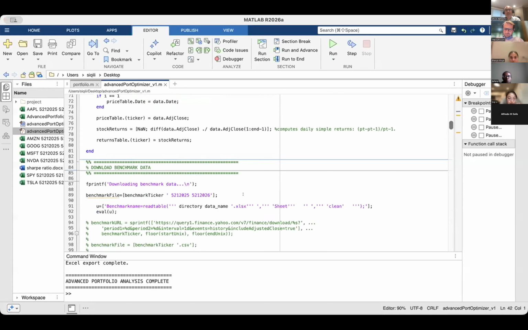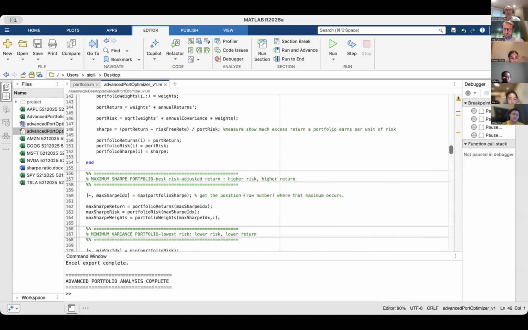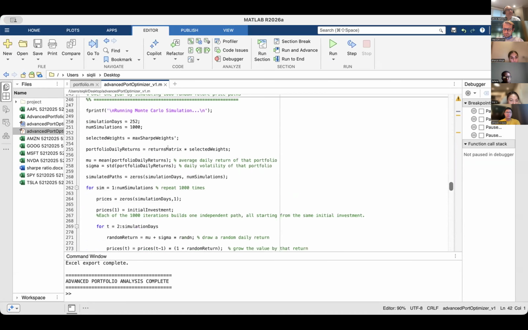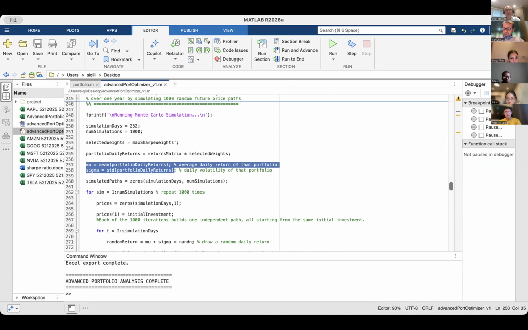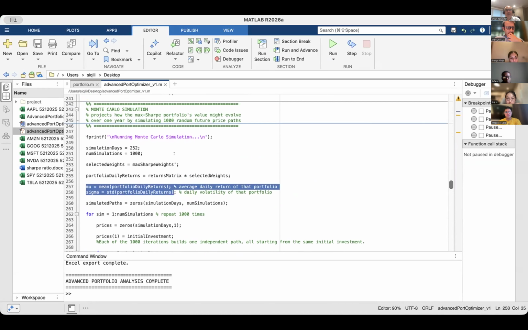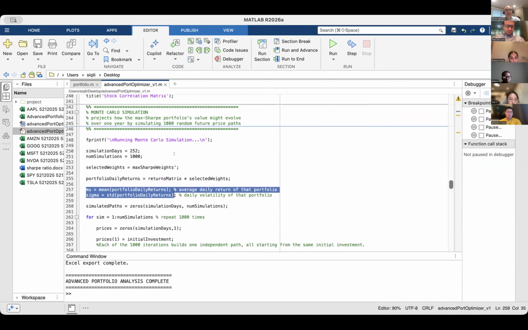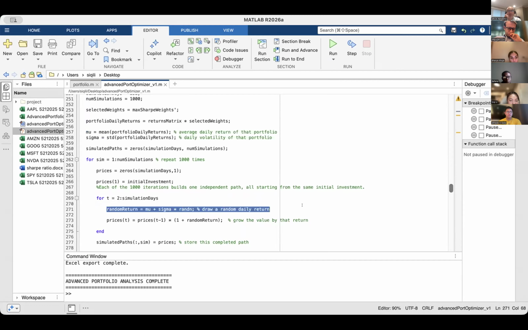But Siki, if you could show the random return in the code, which is mu plus sigma multiplied by a random variable. Oh, there it is. It's line 271.